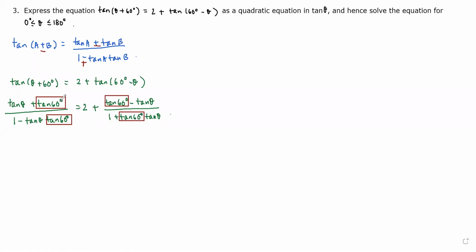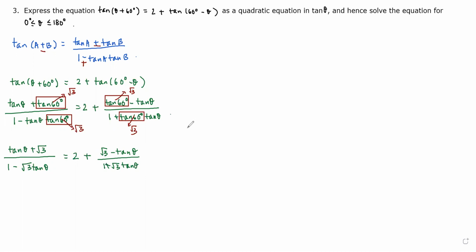The equation is now tangent theta plus root 3 over 1 minus root 3 tangent theta, we can write root 3 in front of tangent theta, it is neater. And you have 2 plus root 3 minus tangent theta all over 1 plus root 3 tangent theta.